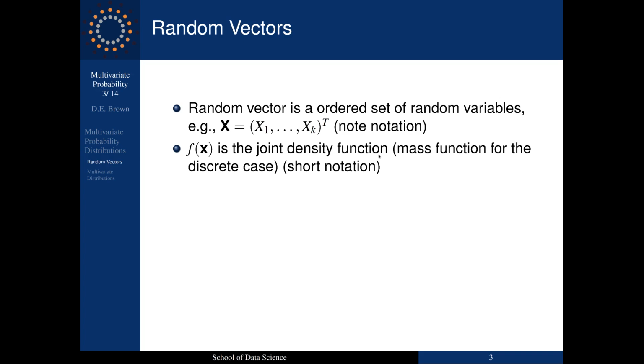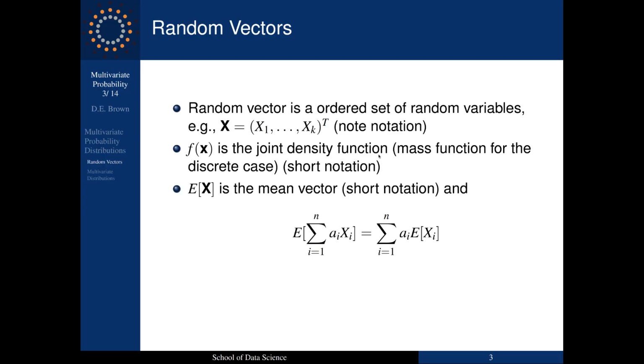If we were to complete this notation, we'd have a subscript on the f that represented the random vector, and the lowercase x represents the values. But typically, we just leave off that subscript since we know it must be the random vector associated with those values.